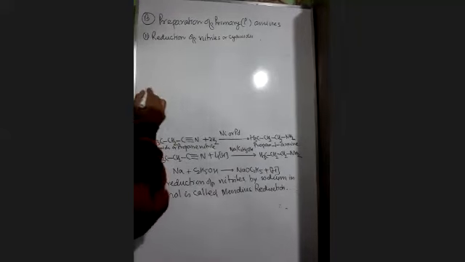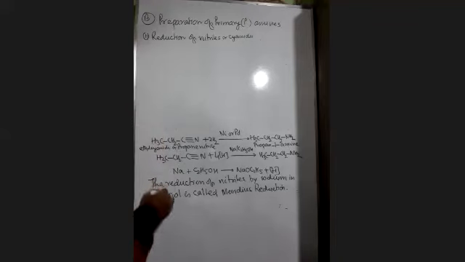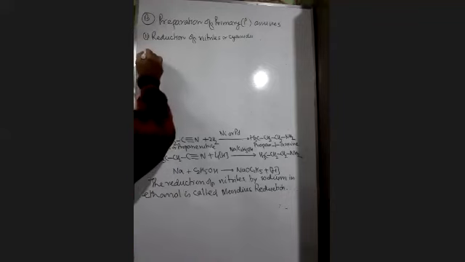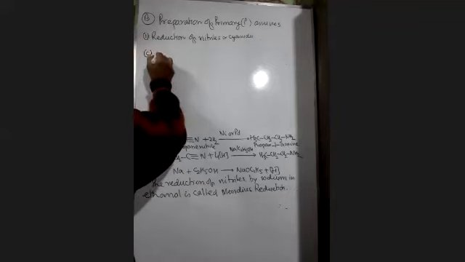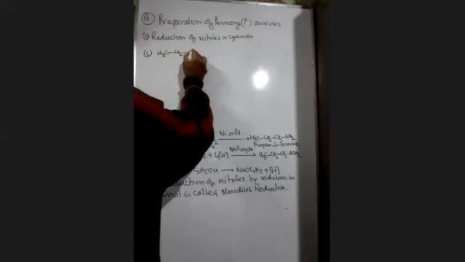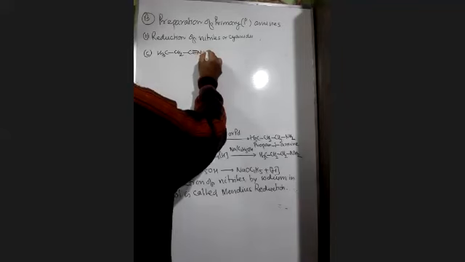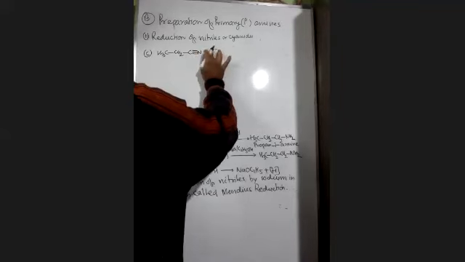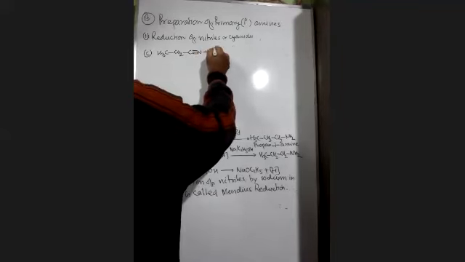Now third. So this is A, this is B, C. CH3CH2CN, again 4 hydrogen. I'm showing all these things only for your entrance exam. Because of that, the classes are becoming a little longer.